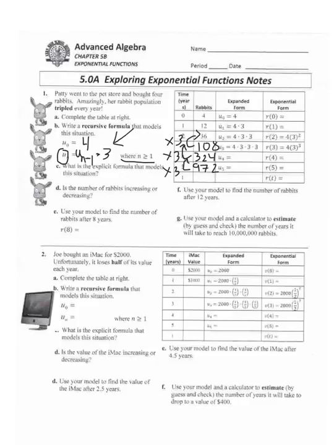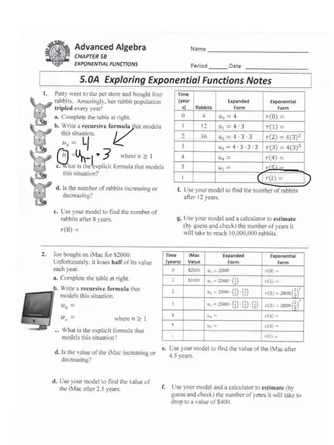Next is the explicit formula that models this situation. The explicit formula is going to come from what we got in that cell for the exponential form. I erased it, but it's what we put before.